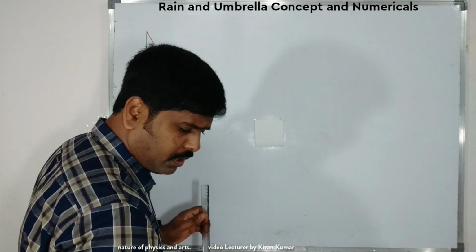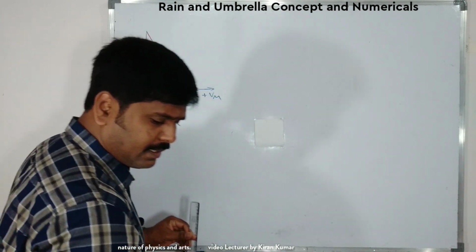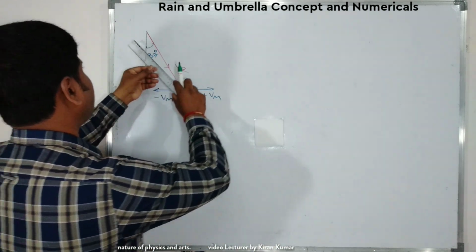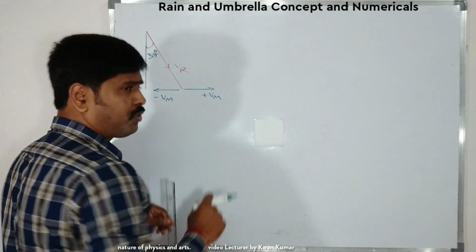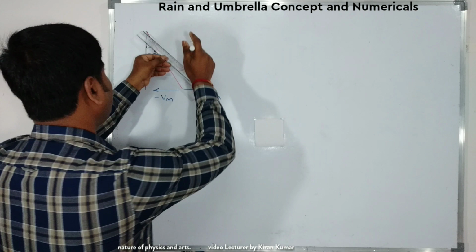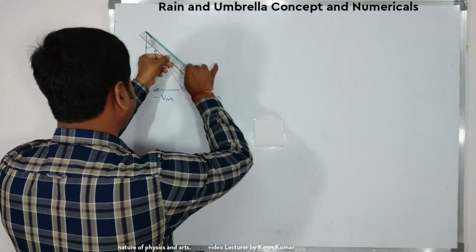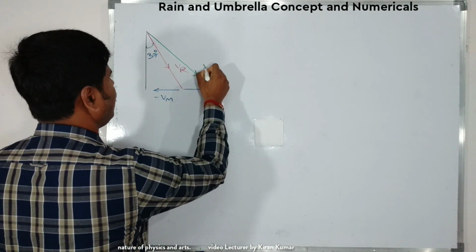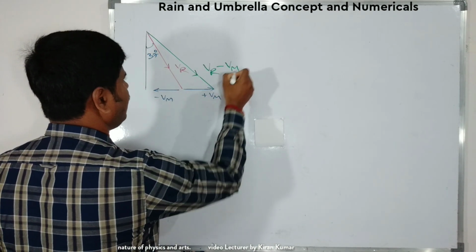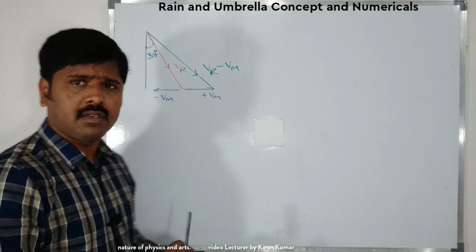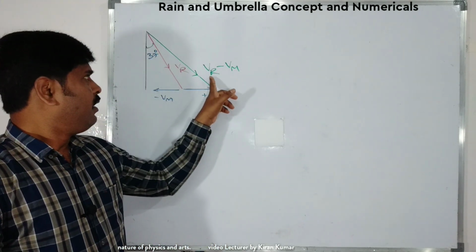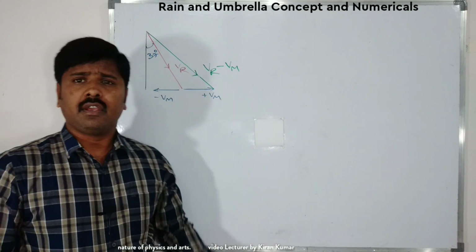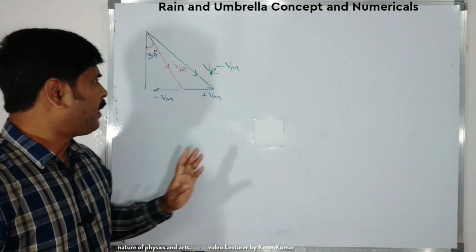Okay, and what we have to find is the resultant direction, that is, he has to protect himself from the rain with the help of an umbrella. The direction of the umbrella is like this. See, this is the Vr minus Vm resultant, that is velocity of rain relative to the man. Think practically.